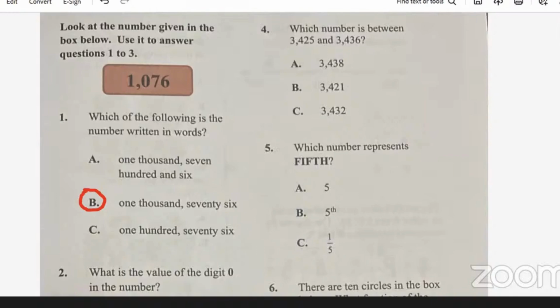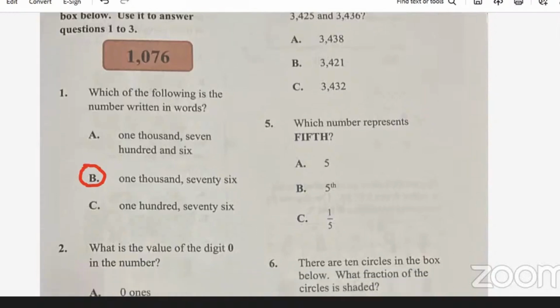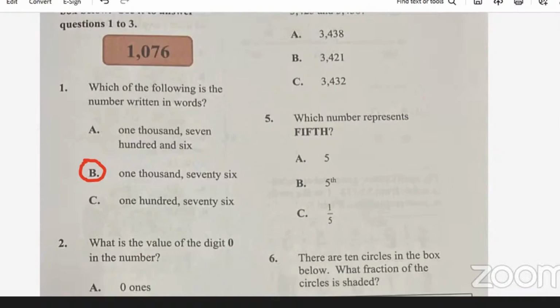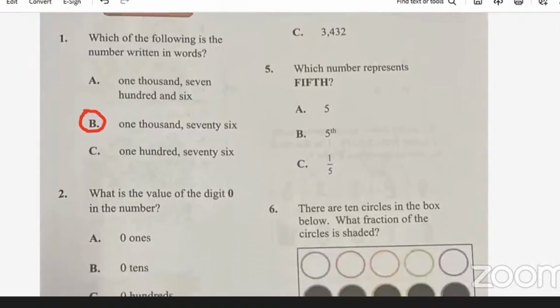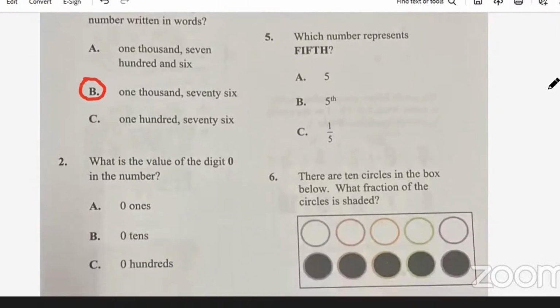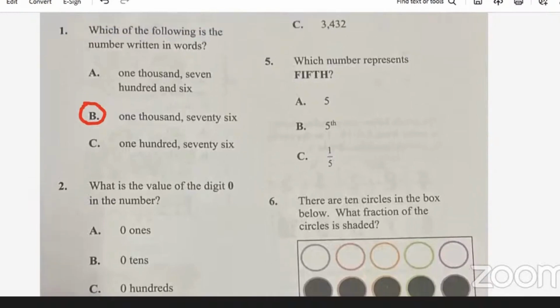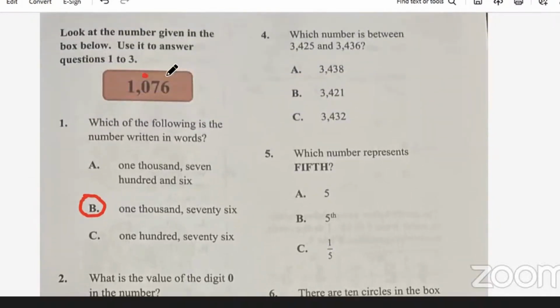Let's get to question 2. Remember, it's still related to the number above. What is the value of the digit 0 in the number? So here we have the 0. They're asking us for the value. Is it 0 ones, 0 tens, or 0 hundreds? Let's look at where the number is. This has to do with your place value.